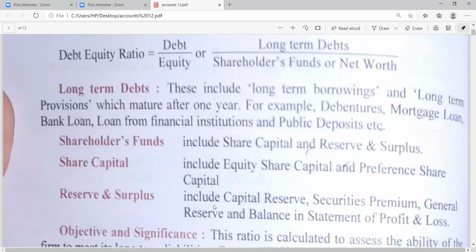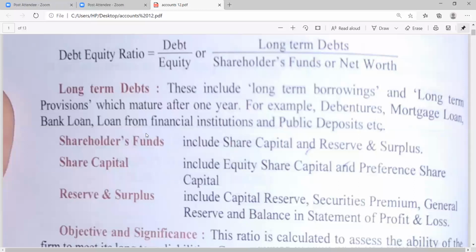The reserve and surplus include all types of reserves, like capital reserve, general reserve, securities premium, and balance in the statement of profit and loss. So you have to draft a formula in which the long-term debts consist of long-term borrowings, long-term provisions, debentures, mortgage loan, bank loan, loan from financial institution, and public deposit.